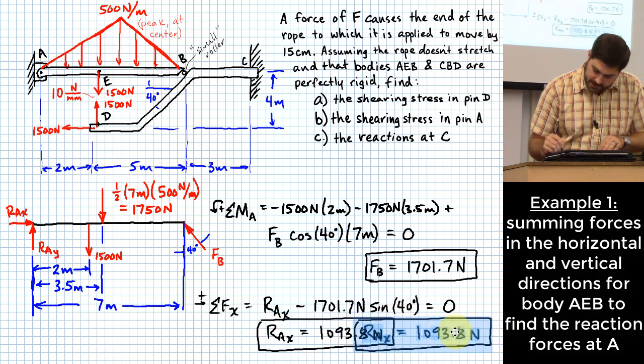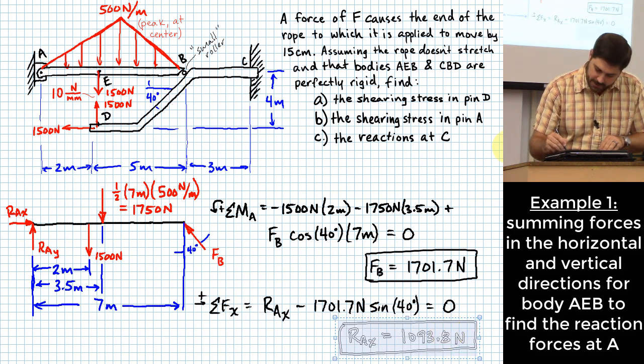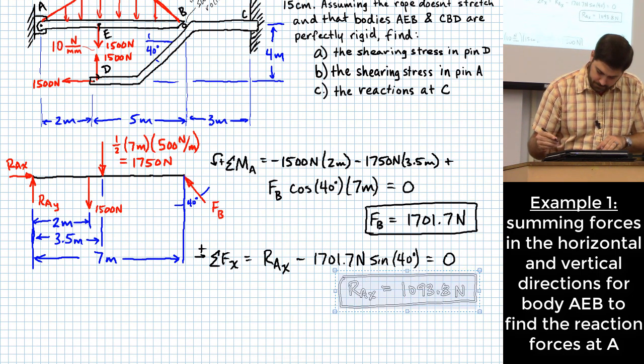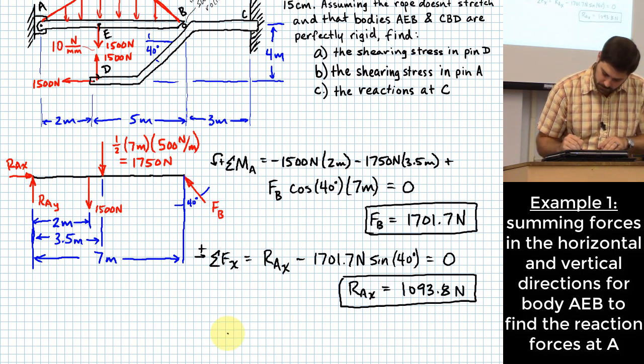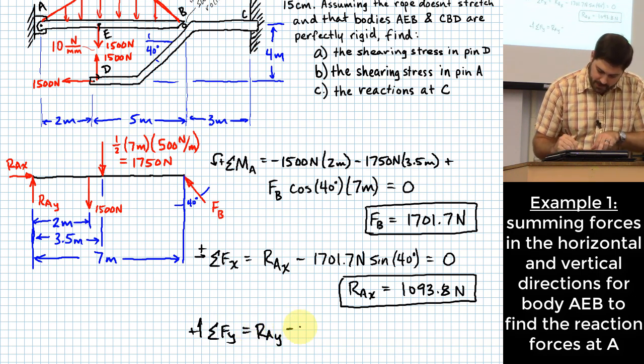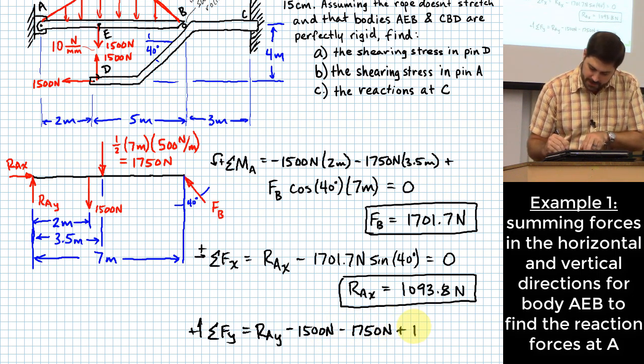Right, we do something kind of similar here for the y direction. I'm going to have RAY minus 1500 newtons minus 1750 newtons plus FB, but not the entire FB.